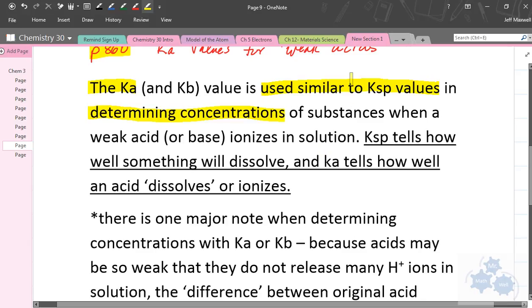So it's very similar to the Ksp. The Ksp tells how well something will dissolve, as I mentioned at the beginning of the class, and Ka tells how well an acid dissolves or ionizes, that is, spits out its hydrogen ions.